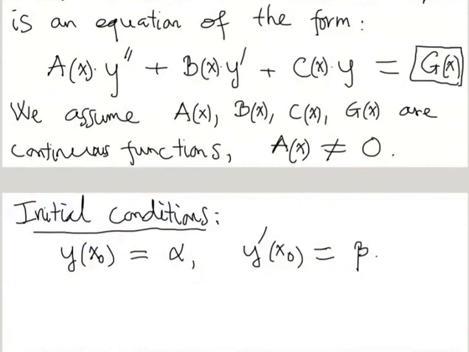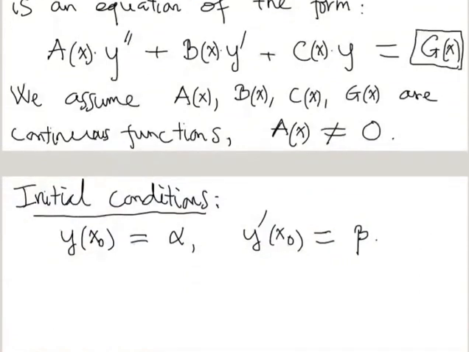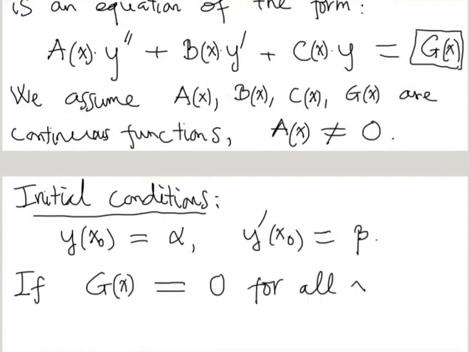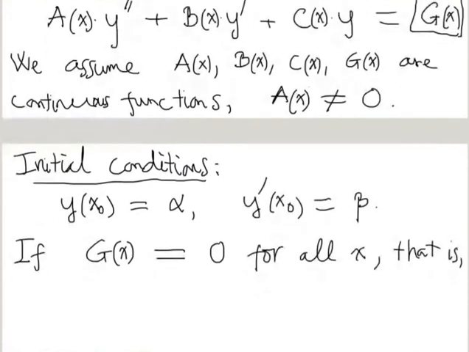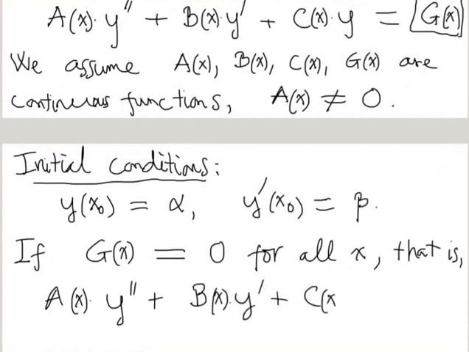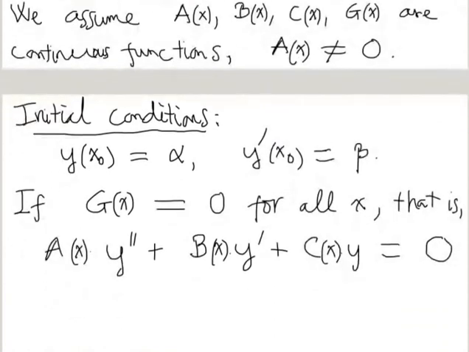If the right hand side happens to be 0, if g of x is 0 for all x, meaning that the equation is of the form a(x) times y double prime plus b(x) times y prime plus c(x) times y equal to 0 on the right hand side, then we call such an equation a homogeneous equation.